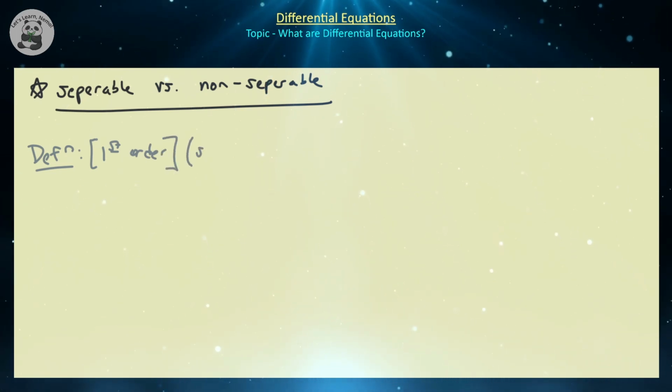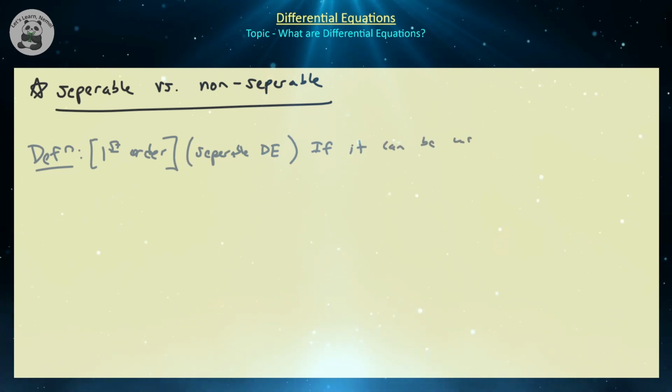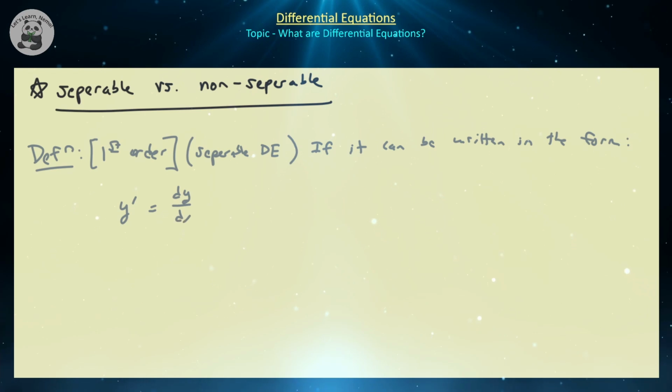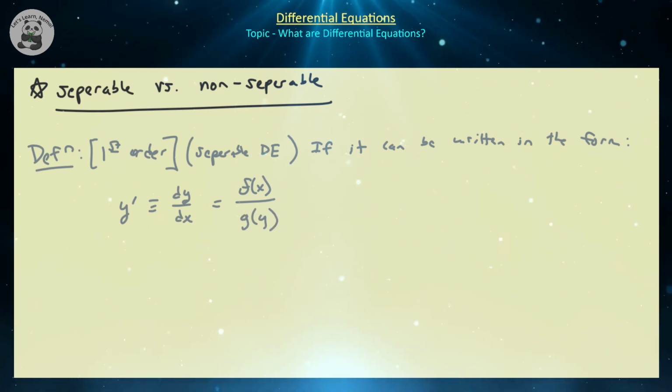So a differential equation is said to be separable if it can be written in the form y prime, which keep in mind is going to be dy dx, is equal to some function of x only divided by some function of y only, right?